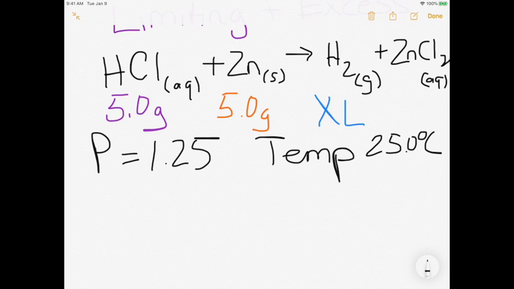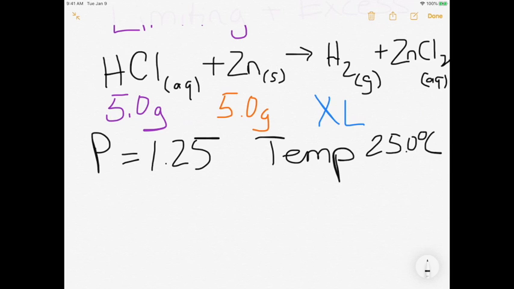So this mixes it up, so we cannot use straight stoichiometry; we do need to convert at some point using PV equals nRT. And I'm going to show you a little shortcut for how to solve for limiting and excess reactant and theoretical yield without going all the way through.